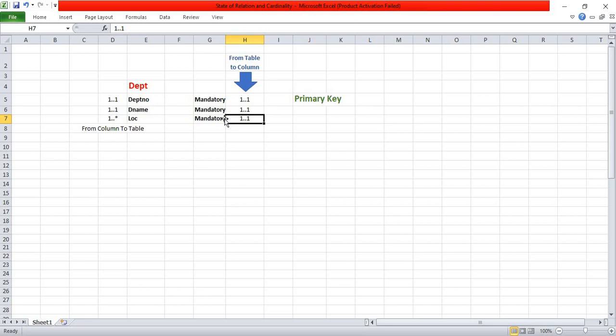That is because as per RDBMS, you cannot have ambiguity from table to column. What happens if location is one to many? Then normalization kicks in. You have to divide the table so that table to column is always one to one.